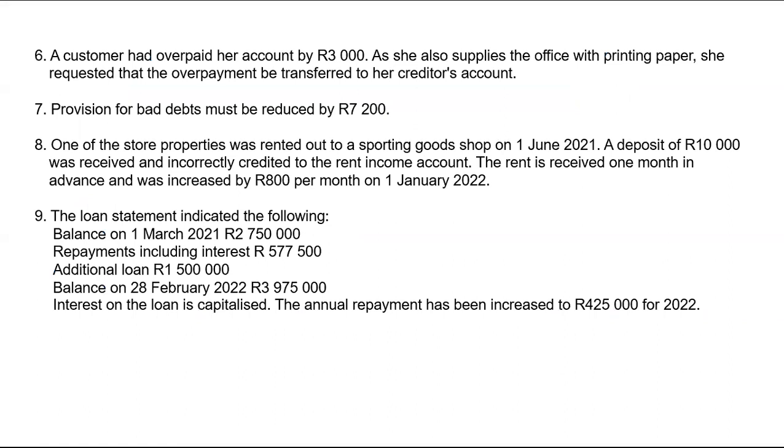And that's when I noticed that there was one important date that I did not put in my timeline, which was June 2021. This is the first time we rented out this property, so we did not have rent income from the 1st of March until the 1st of June. We only started having rent income from the 1st of June.